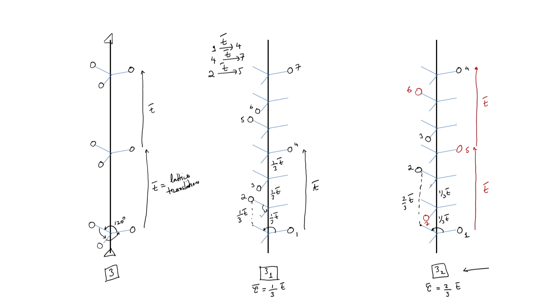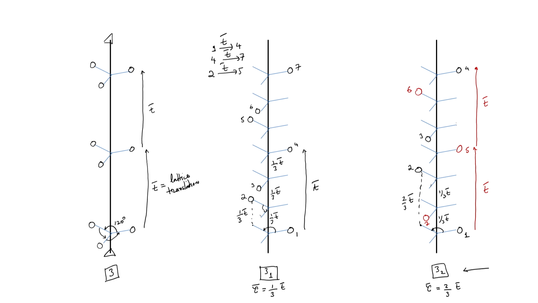Now, let us take a look at how it is different if I compare the 3 sub 1 and 3 sub 2 screw axis. So, let us consider the 3 sub 1 screw axis. You go 120 degrees, go up by 1/3 times the lattice vector, another 120 degrees, you go up 1/3 the lattice translation vector. So, as you are rotating, you are moving up the axis, the motifs are moving up the axis and the motifs can be joined by a helical path.